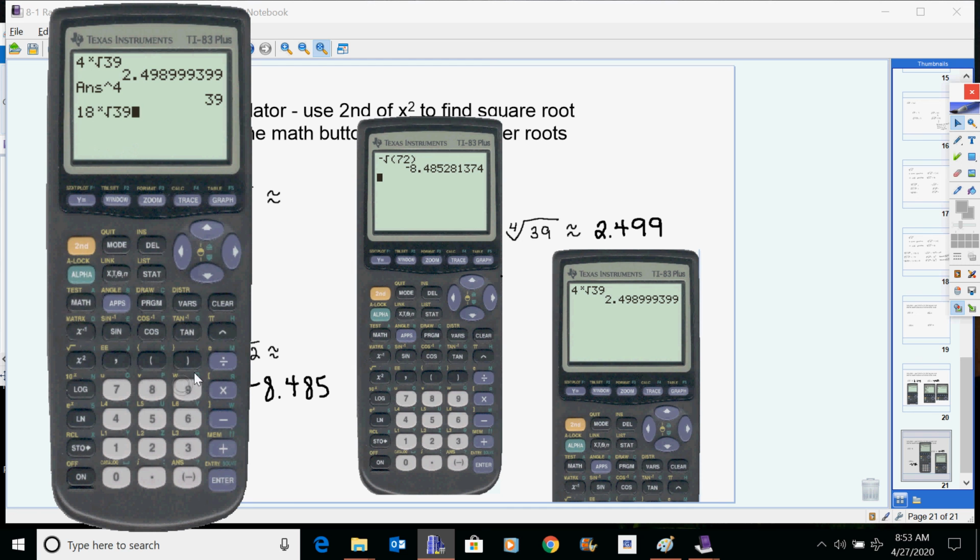Now this notation bothers me a little bit because it's not really clearly showing that this is an index, but that is what it is on there. So if that were multiplied times itself 18 times, you would get 39. So we just checked that. That example wasn't on here, the 18th root, but you can see you can use that particular function for any root that you want.